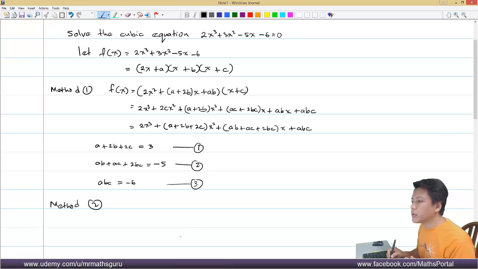Method 2, we are going to do some educated guesses. This is the original expression.